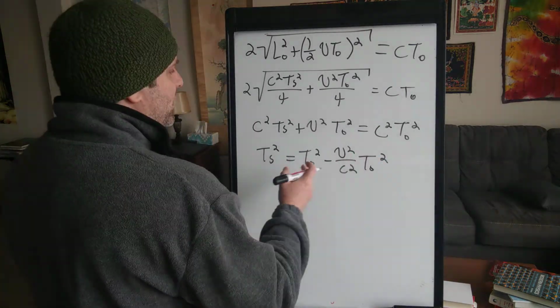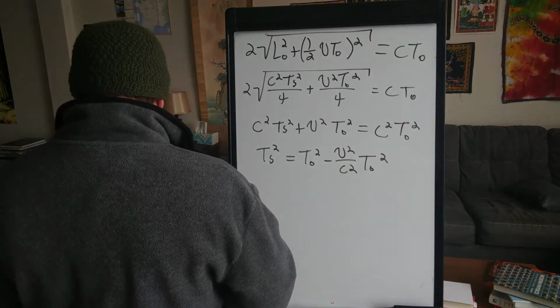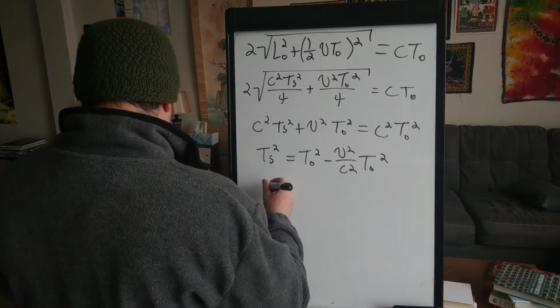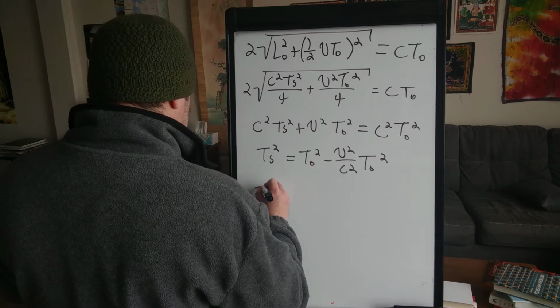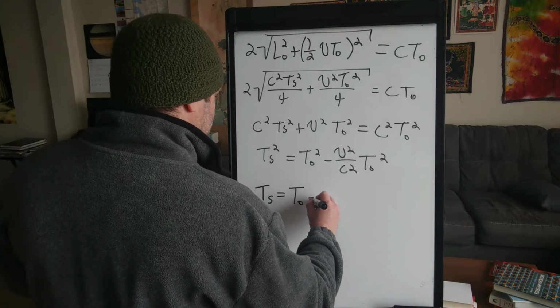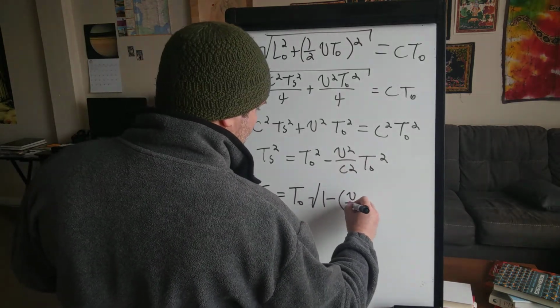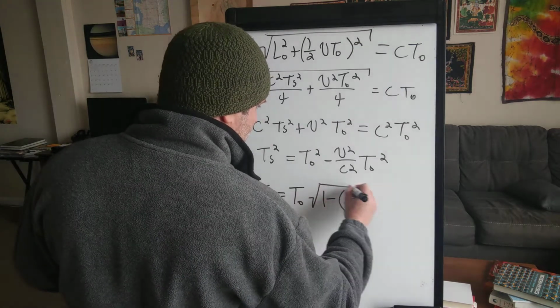So I'm isolating my ts, right? I divide by this c squared and rearrange. And then I can just take the square root and I get ts equals t naught square root of 1 minus v over c squared.